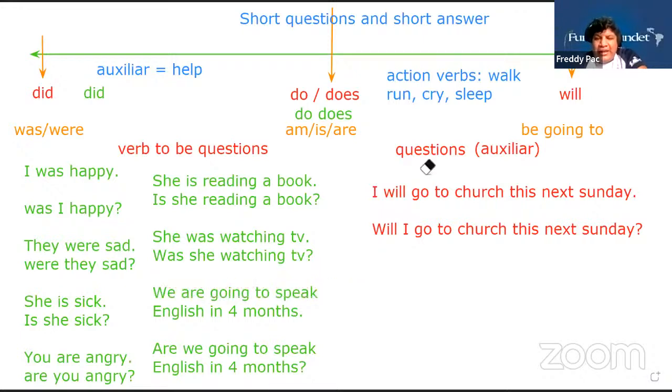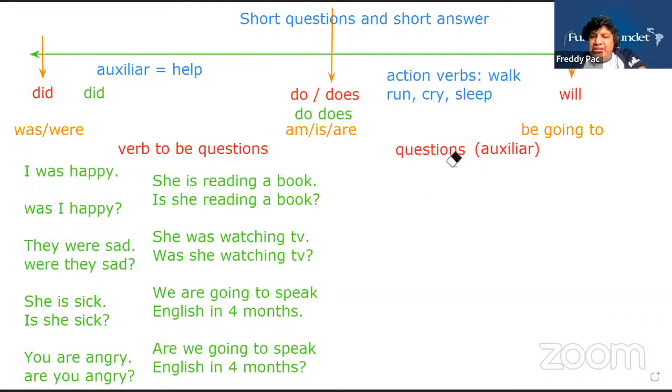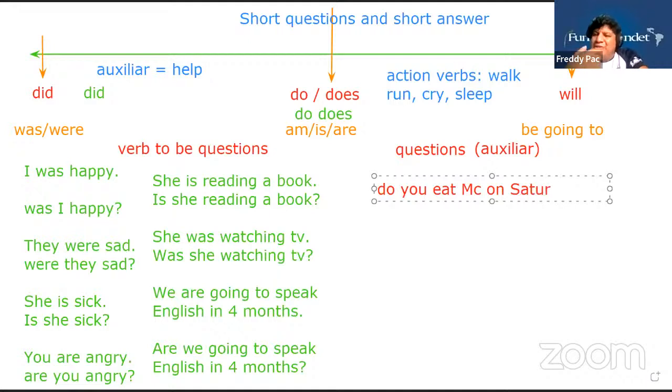Now, in contrast, guys, when you answer a question, you have to answer according to the auxiliary. For example, if the question is, do you eat McDonald's on Saturday? I have Saturday because it is the day that I have my free day.